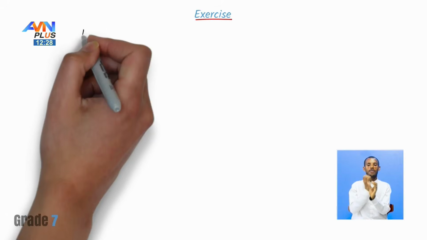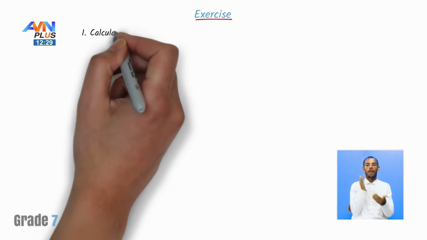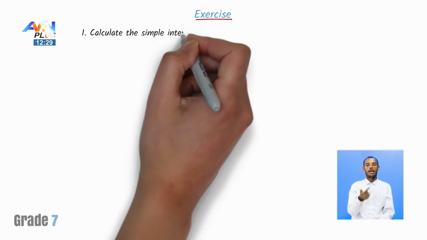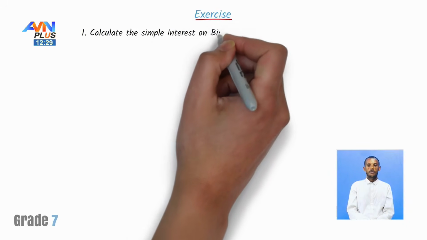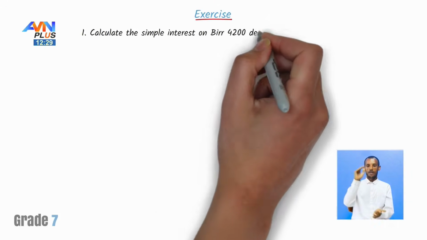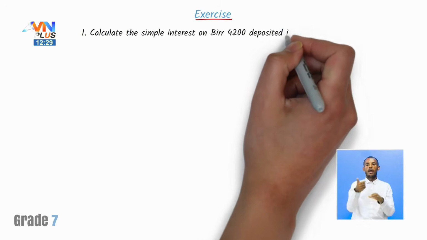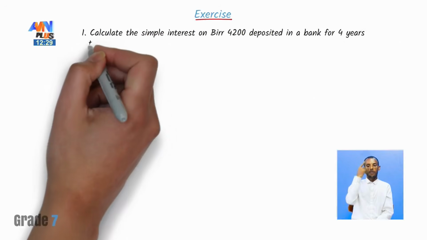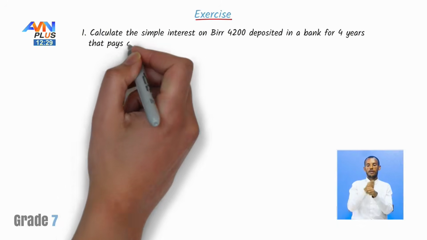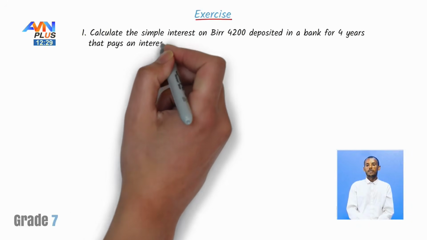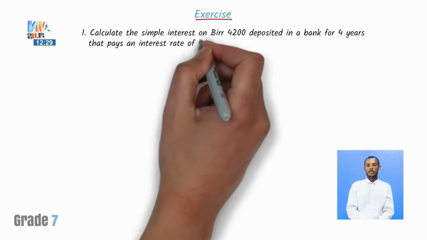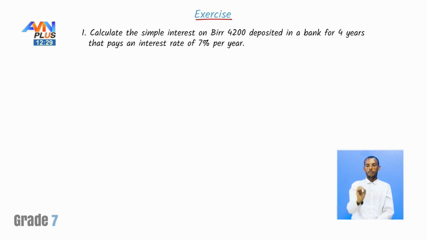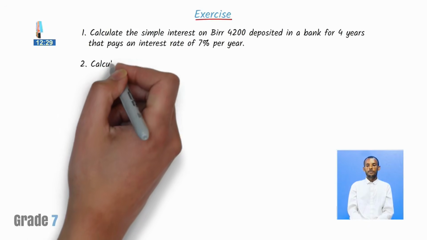Calculate the simple interest on birr 4,200 deposited in a bank for 4 years, that pays you an interest rate of 7% per year. Okay, that's the first question.